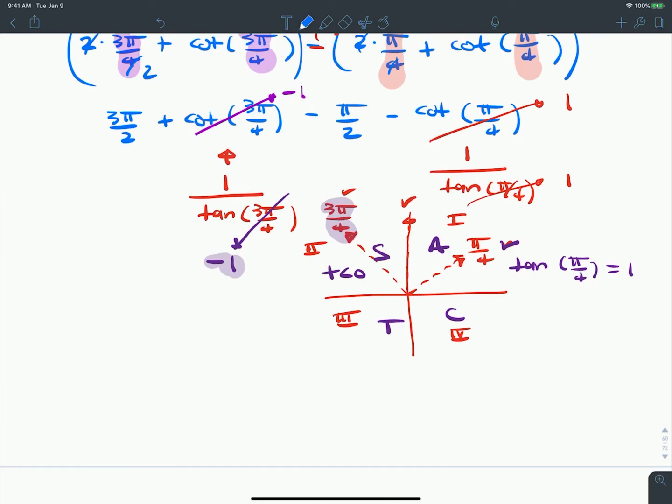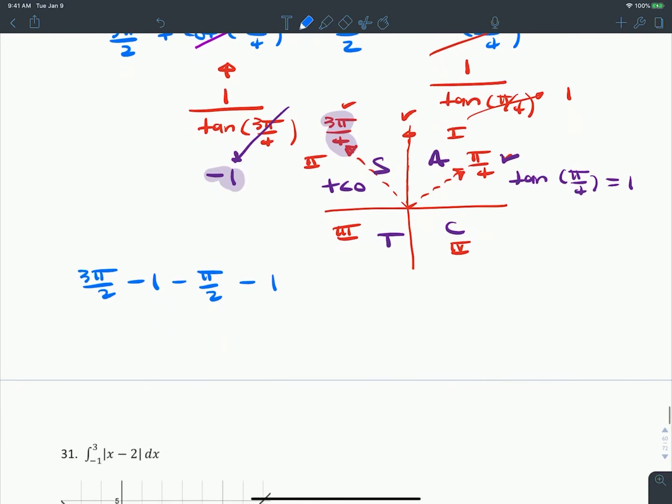So we'll have 3 pi over 2 minus 1 minus pi over 2 minus 1. And by our arithmetic, by combining like terms, 3 pi over 2 minus pi over 2 is 2 pi over 2. This will be pi. We're going to combine this first term, and then we get pi minus 2, and the next term.